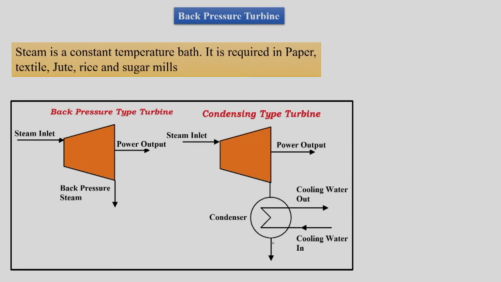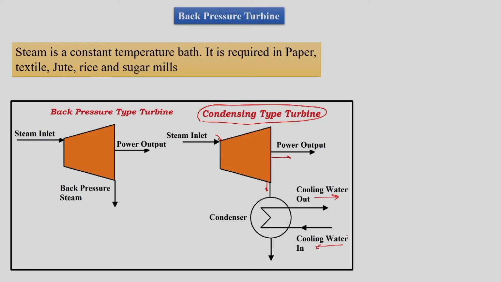We know that we have steam available, and we have seen that our Rankine cycle uses a condensing type turbine. So our Rankine cycle has a turbine attached to a condenser. We have steam at the inlet to the turbine, then power output from the turbine, then steam outlet passing to the condenser, and in the condenser cooling water goes in and comes out.